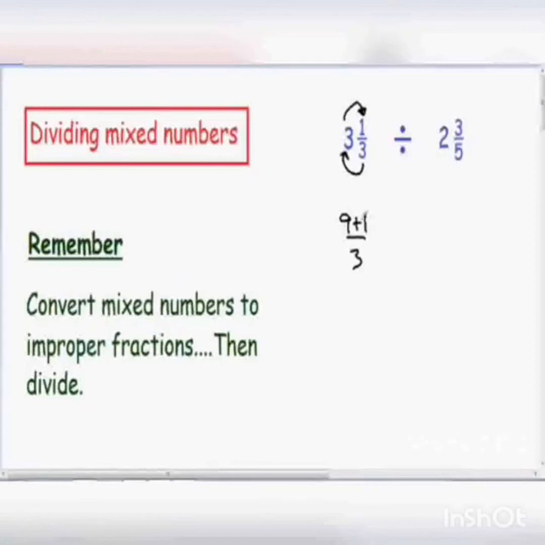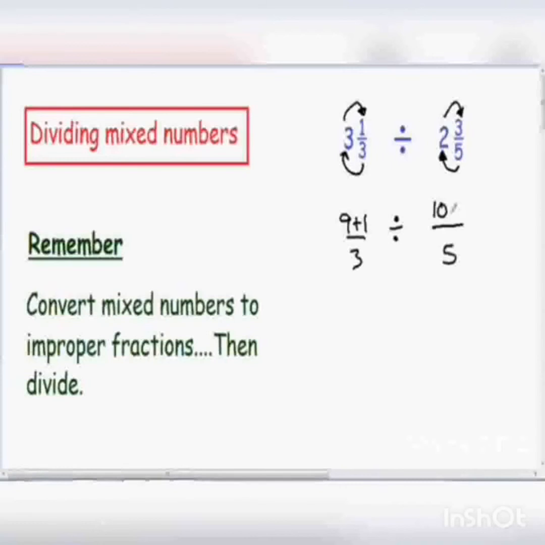So that is going to give us 3 times 3, which is a 9, plus 1 over 3, divided by, the same way we multiply the denominator in the second fraction by the whole number, which is a 2, and then add it to the numerator. So the denominator, which is 5, we write it down and then multiply the 5 by 2, and that is going to be a 10.